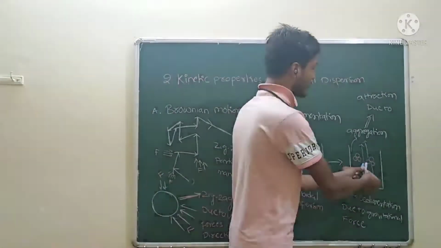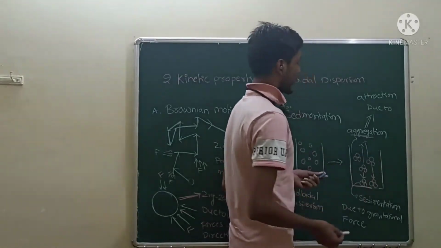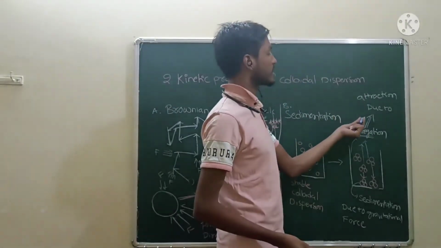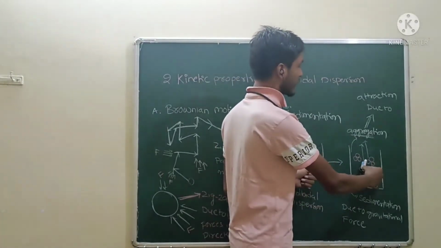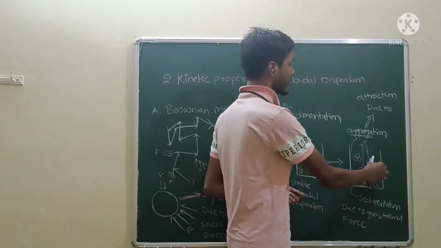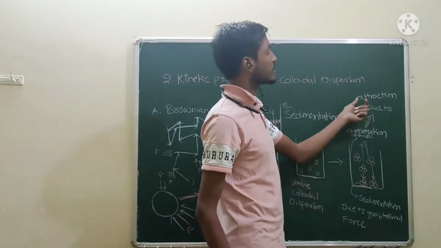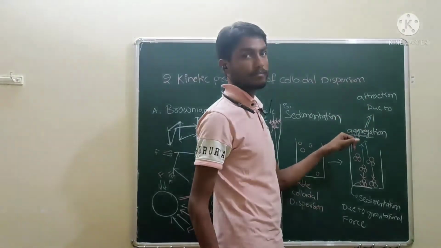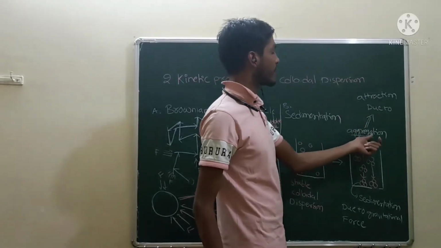This leads to the formation of aggregation. Aggregation means this combining of the particles; we can call it aggregation, coagulation, flocculation, all these names. It is due to the attractive force between the particles.